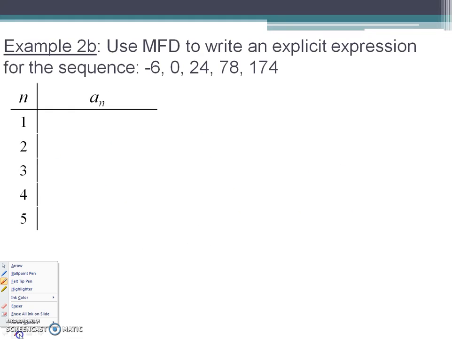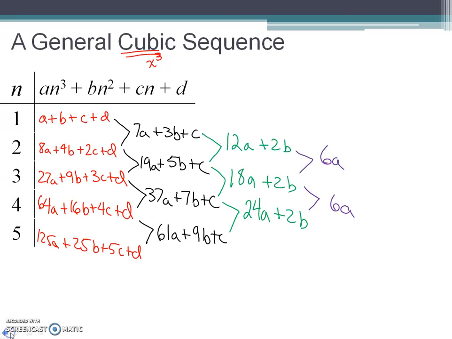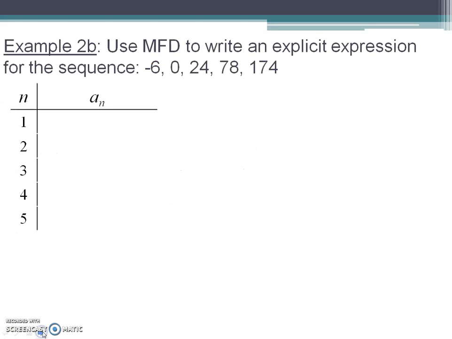So we've got this cubic sequence. Well, we don't really know it's cubic yet, but yeah, it's cubic. Spoiler alert. So let's write down the actual sequence here. We've got the 5 terms laid out right here: -6, 0, 24, 78, 174.